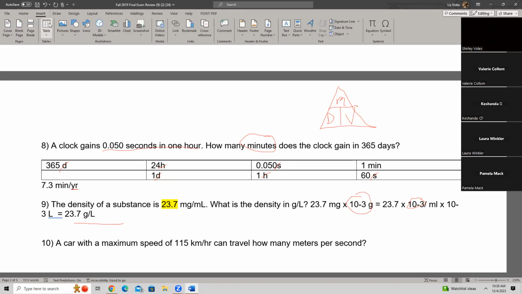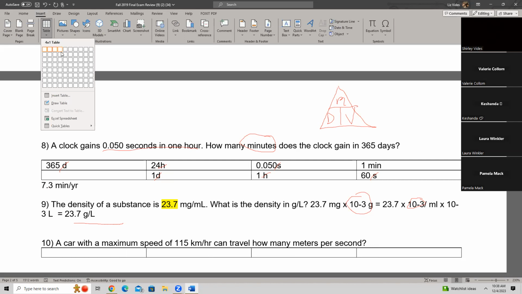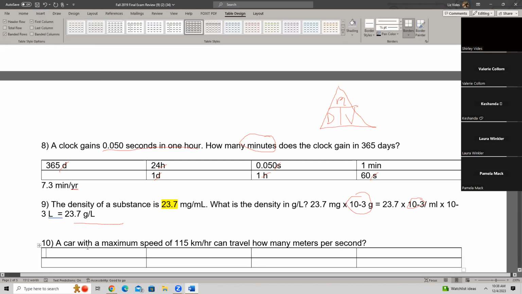All right, so let's do this one. Insert a table. Let's do a four-row table like we've been doing. Remember, this one is one of those where you have to change both. So what that means is that it travels 115 kilometers in 1 hour, right?